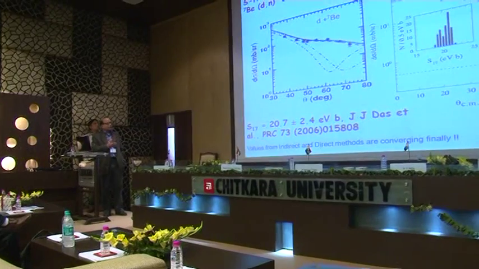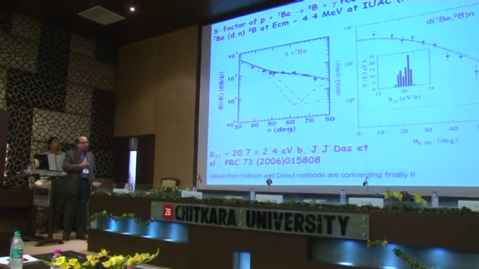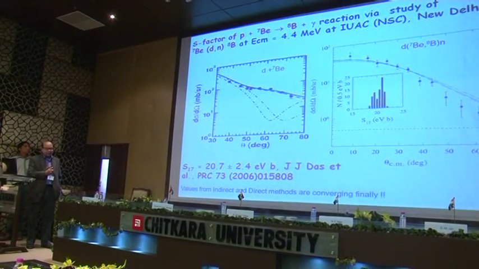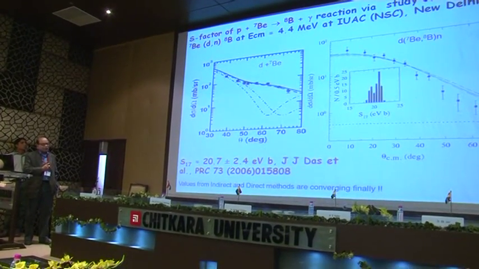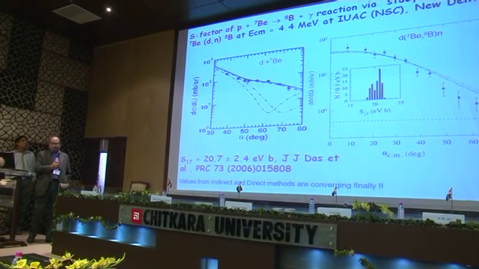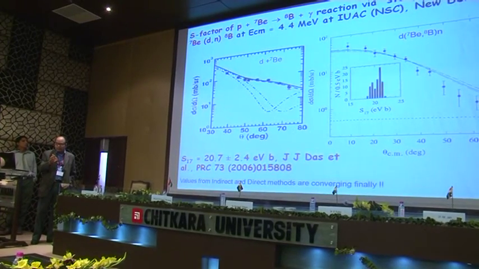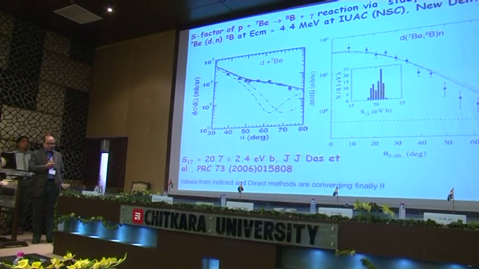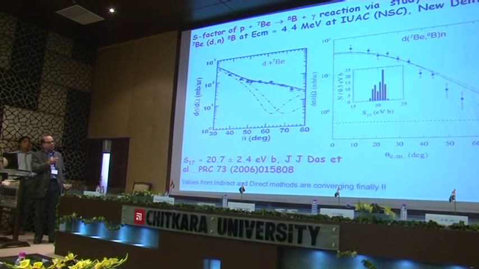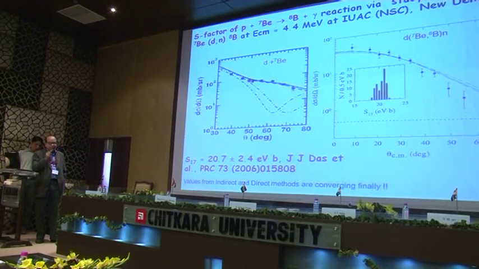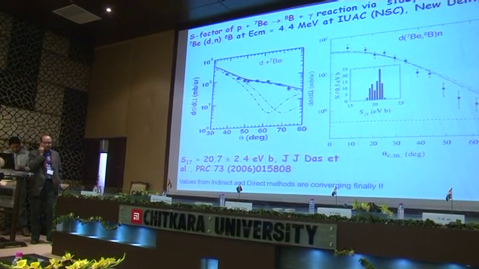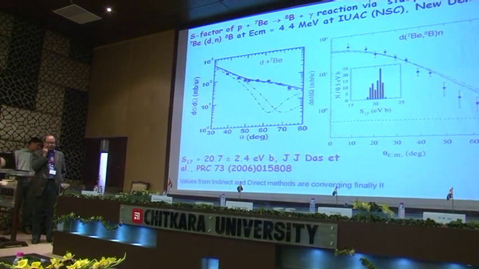What was done was to study this transfer reaction, 7Be plus neutron going to proton and 8B. This reaction is of interest from the point of view of the solar fusion process, where one needs the cross section of proton plus 7Be going to 8B plus gamma.